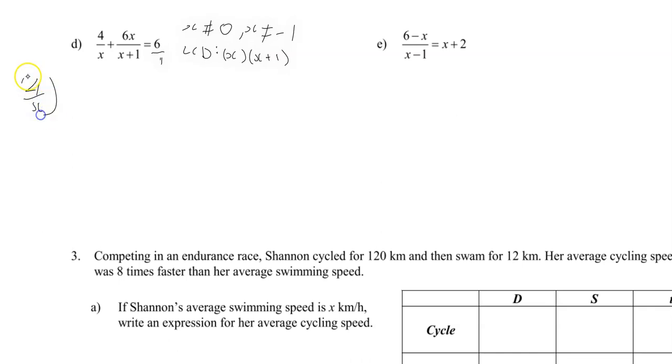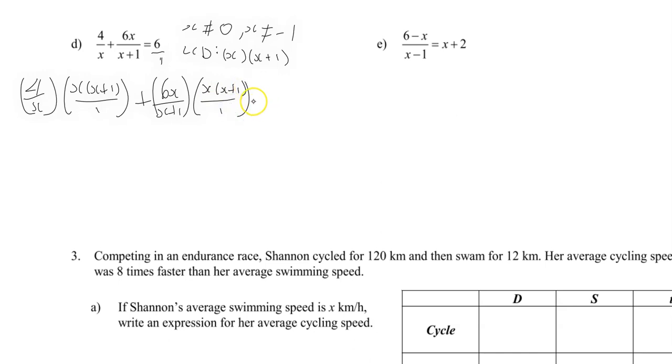So 4 over x times x plus 1 over 1 plus 6x over x plus 1 times x plus 1 over 1 is equal to 6 over 1 times x plus 1 over 1. The idea being, if we do this right, we just end up with 1's in the denominator.